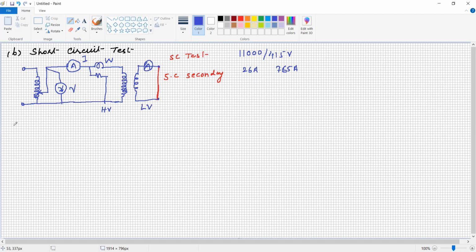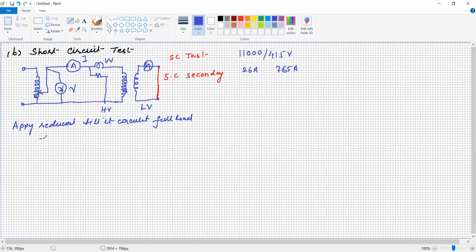Apply reduced voltage very slowly, till it circulates full load current. Once the full load current flows into the primary winding, definitely the secondary winding will carry full load, as per the turns ratio.